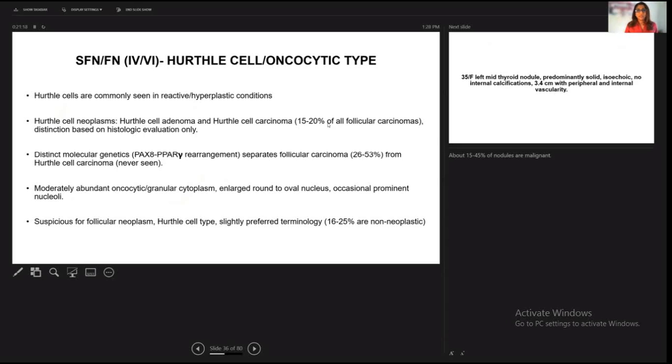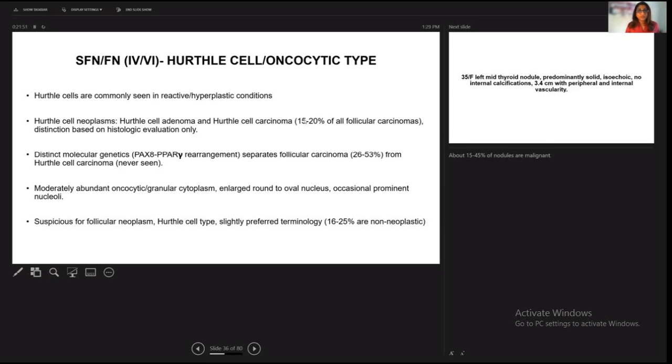But many times we can see that it's being overused, and probably should not be, because in the most common aspirates we see, Hürthle cells tend to be reactive or hyperplastic or benign. Very few of these Hürthle cells tend to become neoplastic. So remember that when you try to call something a neoplasm of Hürthle cell type, most of the time they tend to be in reactive, metaplastic, or hyperplastic conditions.